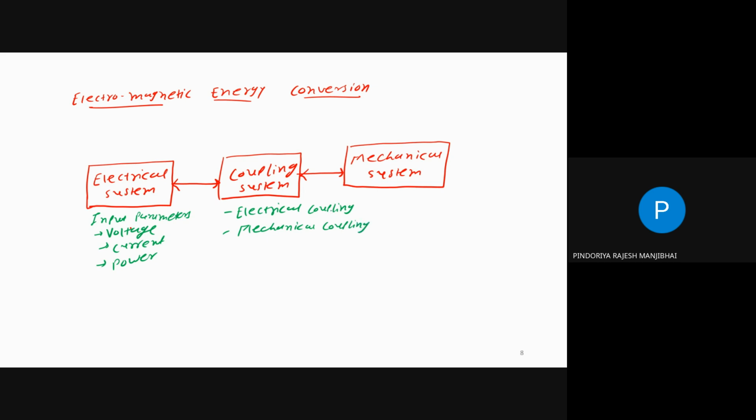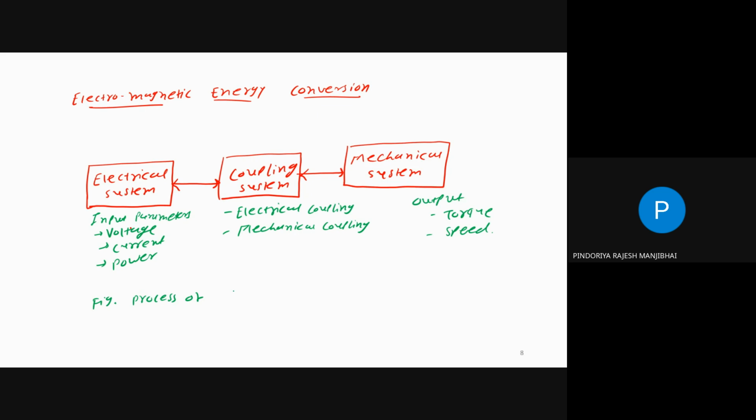Depending on the time response and the system efficiency, we can use electrical coupling as well as magnetic coupling. And for the mechanical system, the output may be torque and speed, correct?